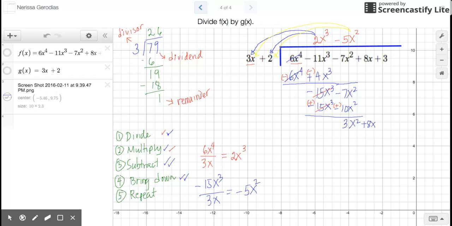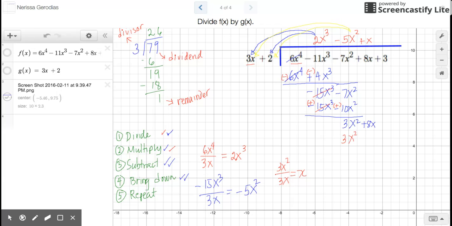And then repeat the process. So now we'll divide 3x squared by 3x. And we're going to get x. So we put the answer here, plus x. Then we multiply again. X times 3x is 3x squared.